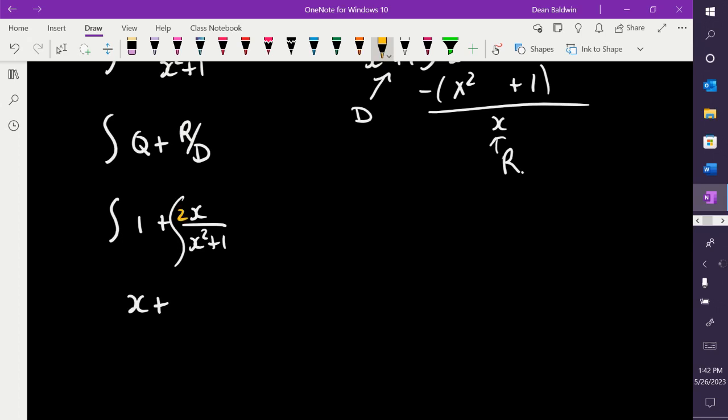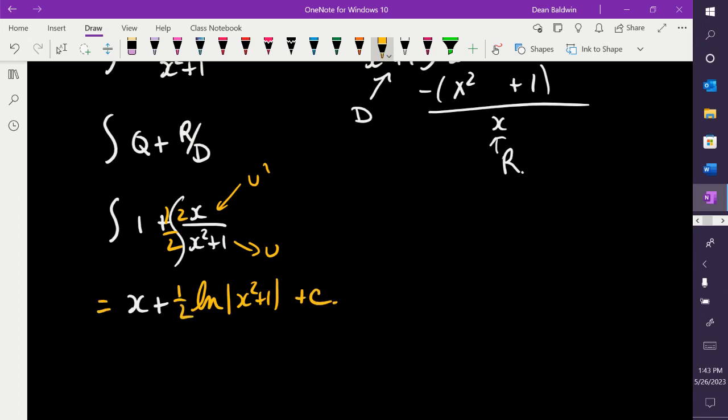So if I had a 2 there, we'd be very happy, but you have to put a 1/2 out front. So the integral of the second one is u primed over u, so it should be the natural log of x squared plus x plus 1, with the 1/2 out front, and then we put a plus c.